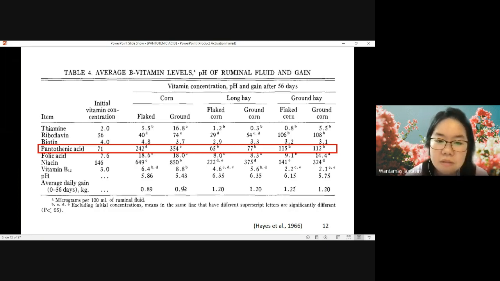Because I am just wondering, for this table, when we have a look at pantothenic acid and compare with other vitamin groups, for example vitamin B3, niacin, can you explain the relationship among the other vitamin groups when we supply corn or hay?